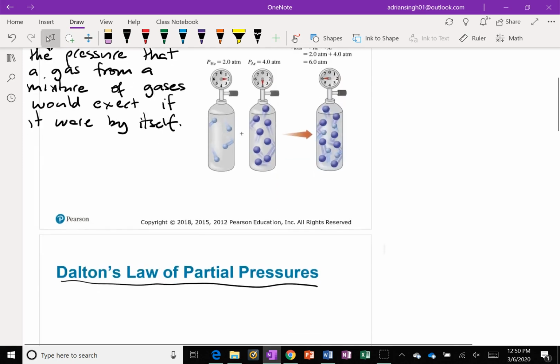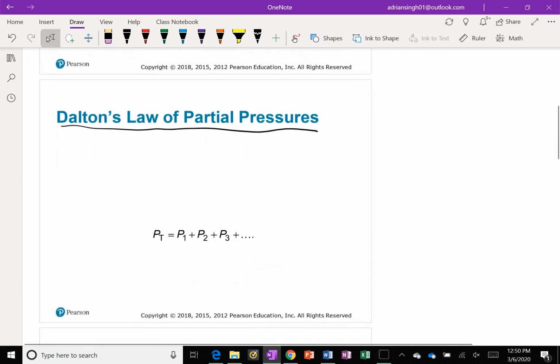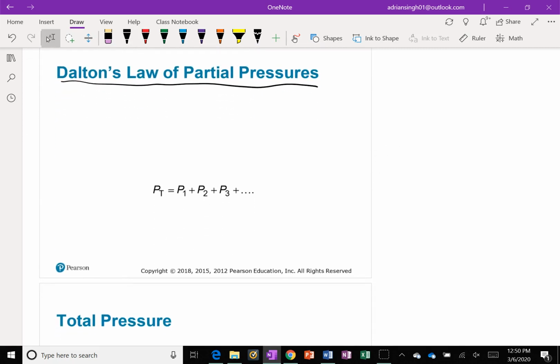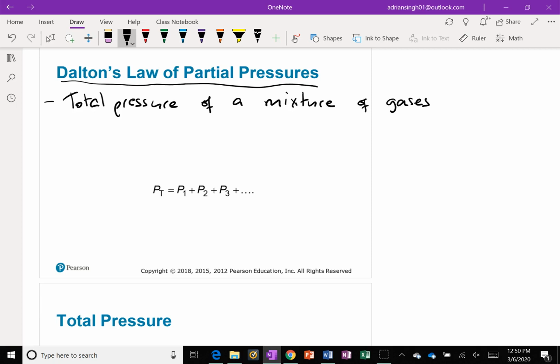And the way that Dalton's law of partial pressures works is actually quite simple. If you can add, you can do this. So it goes as follows. It says the total pressure of a mixture of gases is the sum of the individual partial pressures.